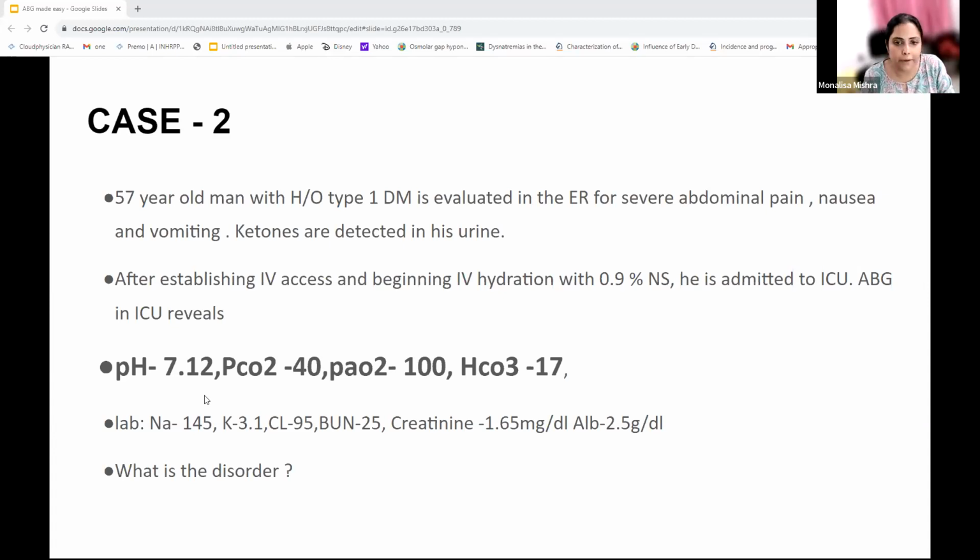I think everybody is agreeing that this is metabolic acidosis only, because pH is low, so this is acidosis, and bicarb is also low. So this is definitely metabolic acidosis. Can anybody tell what the diagnosis of the patient is here? Why will the patient have metabolic acidosis? The clue is there in the history only. Anybody want to guess?